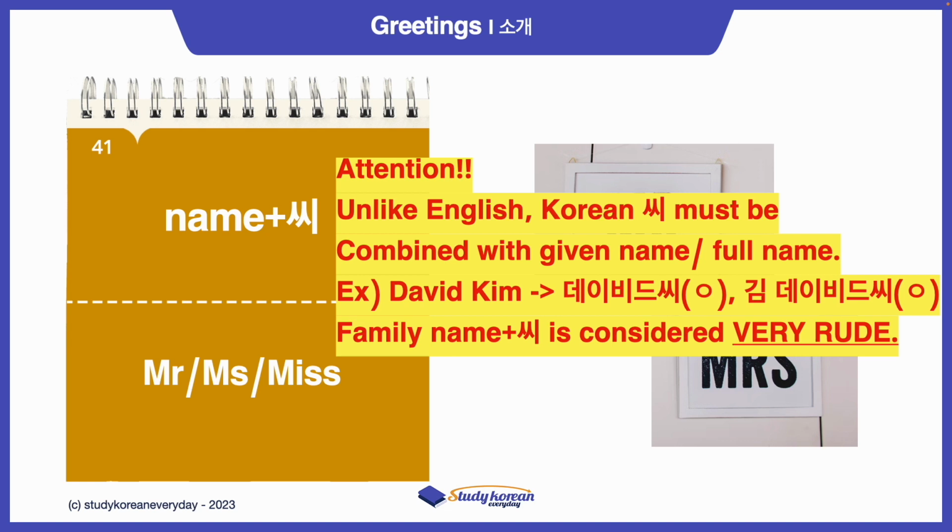For example, David Kim. His name is David, right? So we call him David 씨, or in a Korean way, Kim, family name first, David 씨 as a full name. Family name with 씨, such as Kim 씨 or Park 씨, is considered very rude. Please do not make the mistake of calling a family name with 씨.